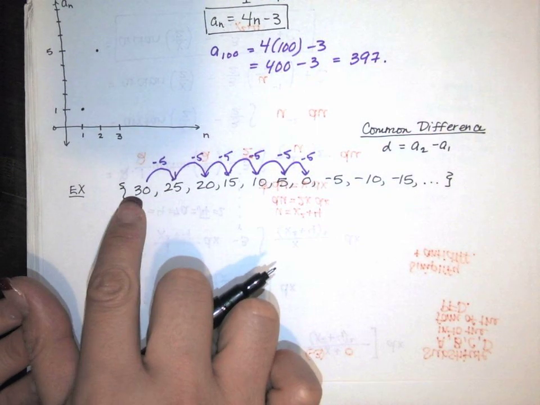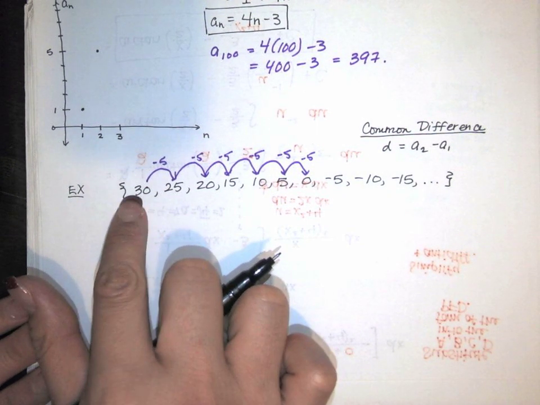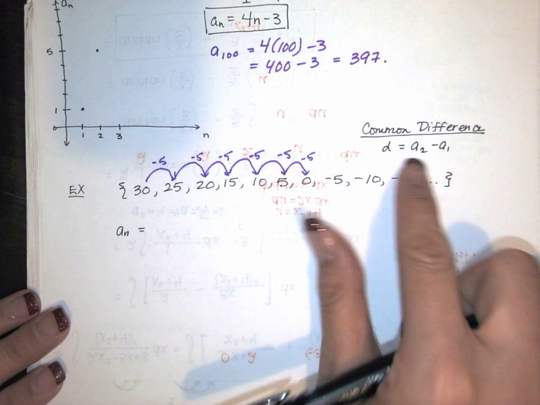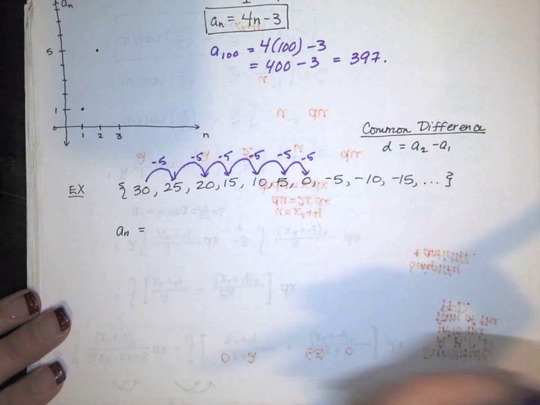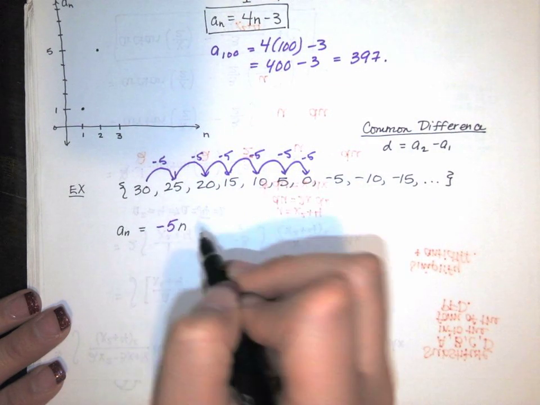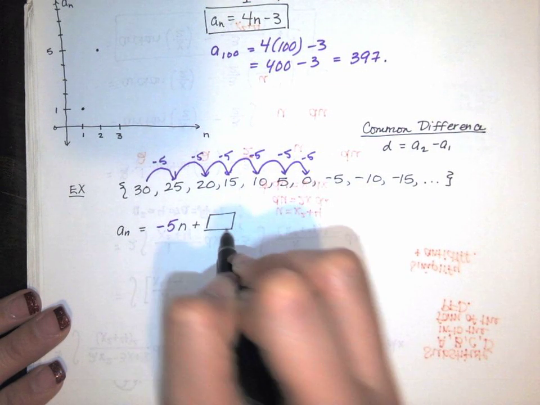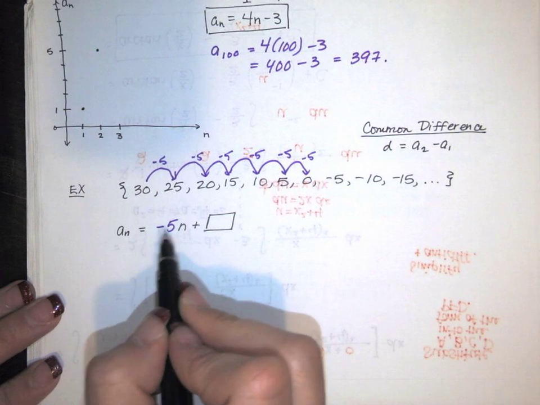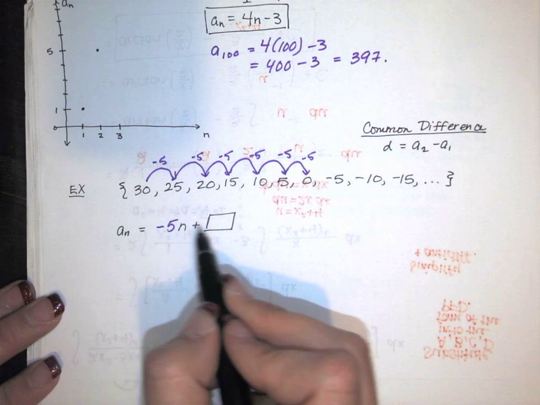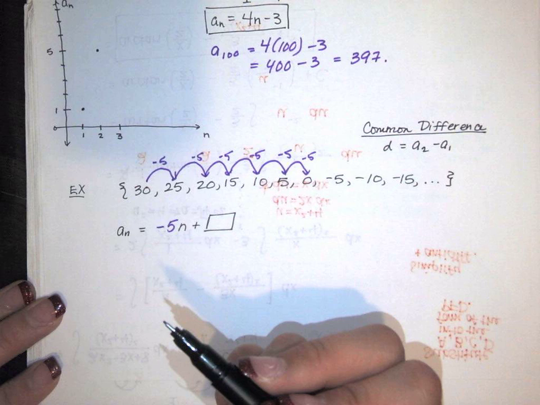You just take this one and you subtract this one. It's 25 minus 30, which is negative 5. So they call it the common difference. Take the common difference, which is negative 5, and you multiply that by n. And then we're going to have to add some constant. Now when n equals 1, I need to have negative 5 plus the constant equals 30.